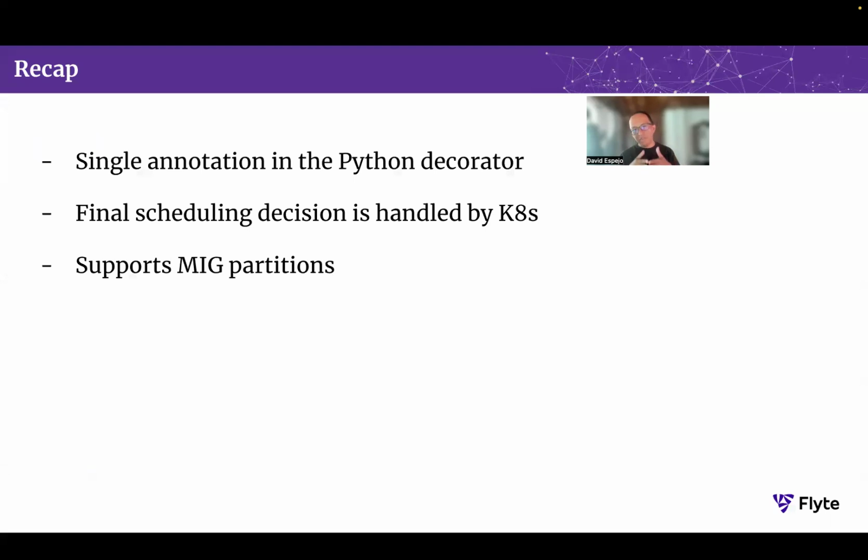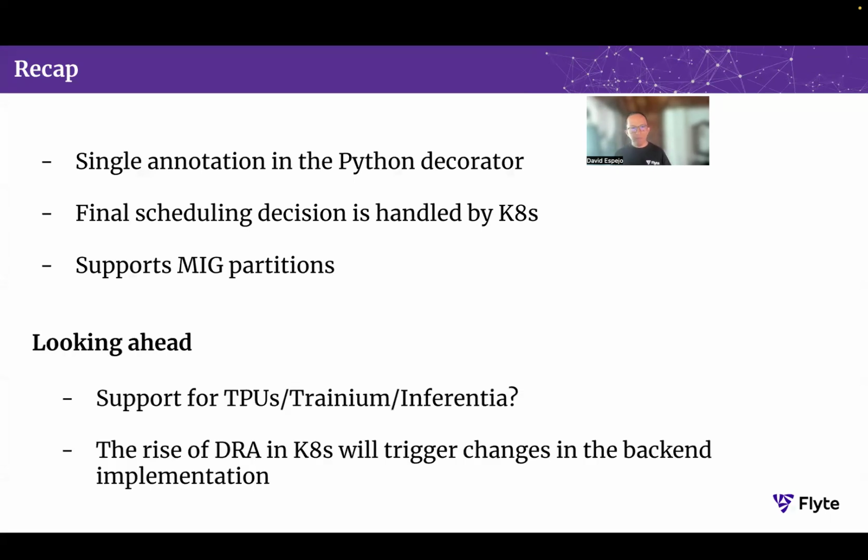When you're requesting specific devices or partitions in the A100, you will need at least labels, and you can also have taints. But the final scheduling decision is handled by Kubernetes, and this is still the case as of today. And remember that for optimal accelerator resource utilization, Flyte supports multi-instance GPU partitions.